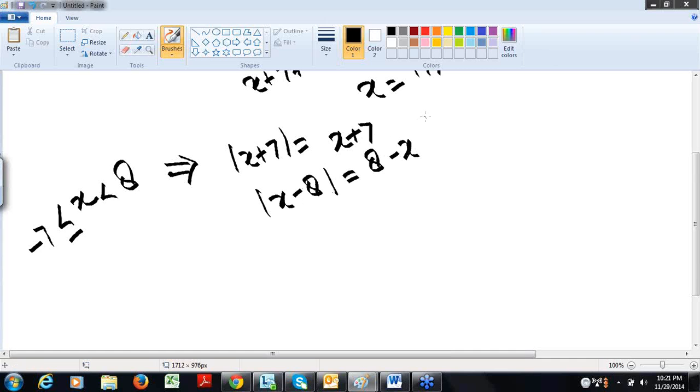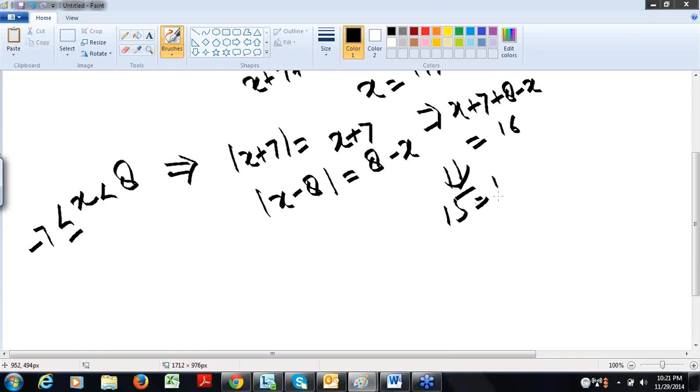Now put the same in the equation: x plus 7 plus 8 minus x is equal to 16. So 15 is equal to 16, which is not possible. So no solution is possible for x greater than minus 7 and less than 8.